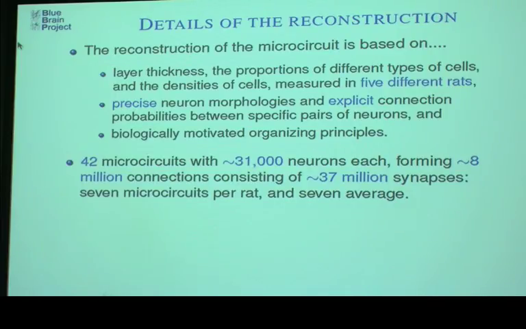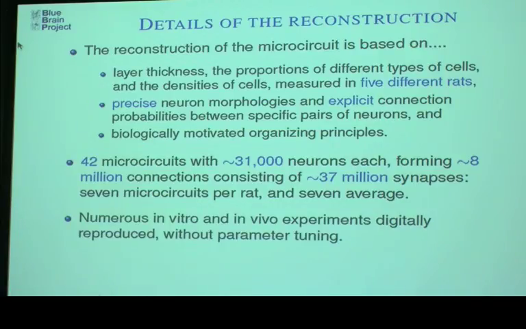They ended up with 42 examples of these microcircuits, each of which is about 31,000 neurons and about 8 million connections. And I remind you that each connection is actually made up of several synapses, so it corresponds to roughly 37 million synapses. There is a certain amount of biological data built into the microcircuit, and then it was validated on biological data which hadn't been built into the circuit, and they did a very good job of reproducing this data.